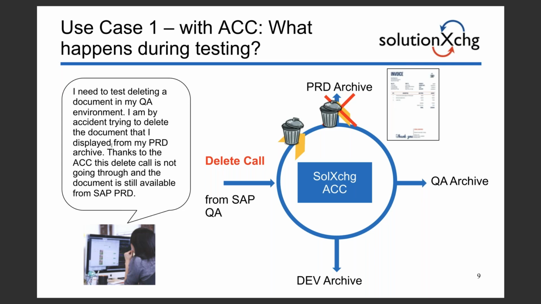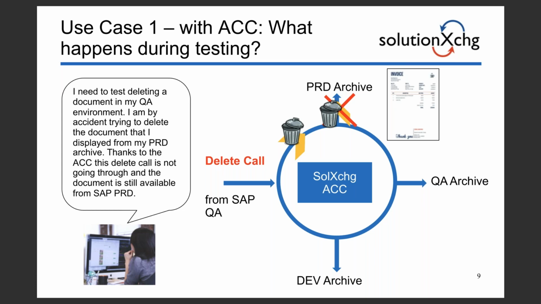But thanks to the ACC, this delete call is not going through, and the document is still available from SAP Prod. The delete call is being recognized as a call that would pertain to the production archive, but is blocked as such and not allowed through for deletion.